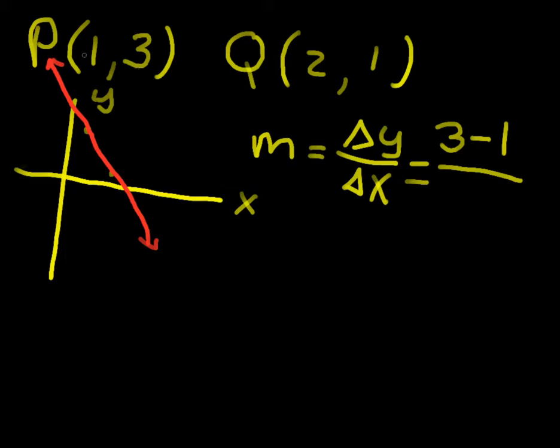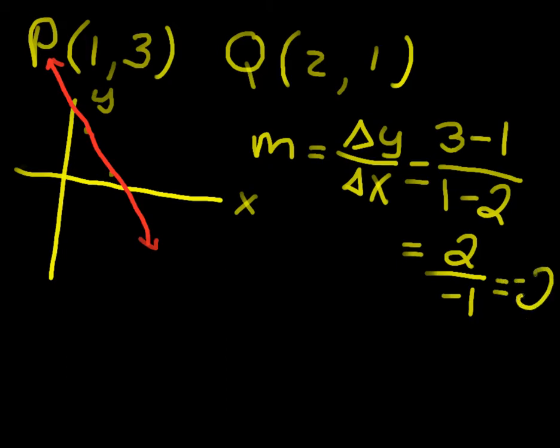Now I'm going to use 1 for my x value and 2 for my second x value. So it is 1 minus 2. So this is equal to, 3 minus 1 is 2, 1 minus 2 is negative 1. And so the slope is negative 2.